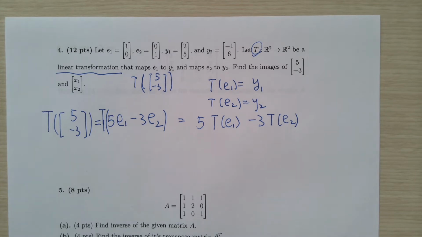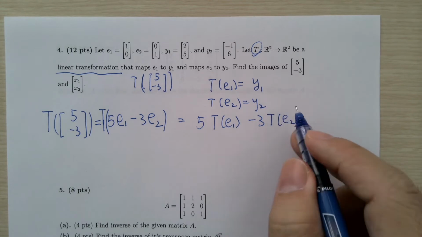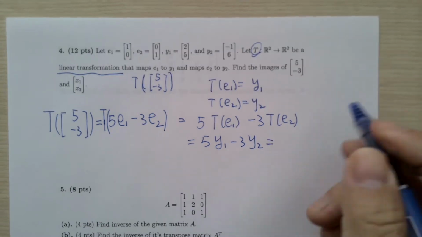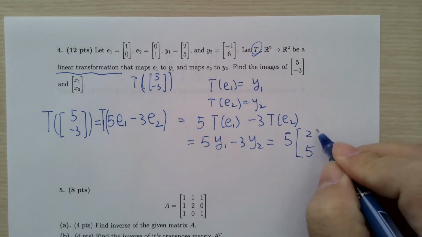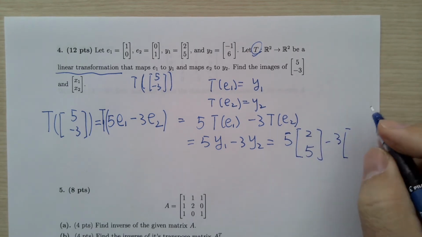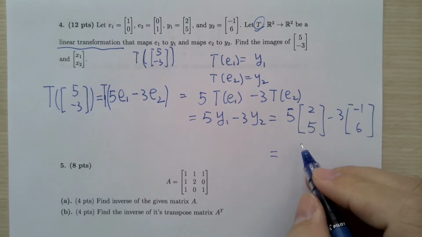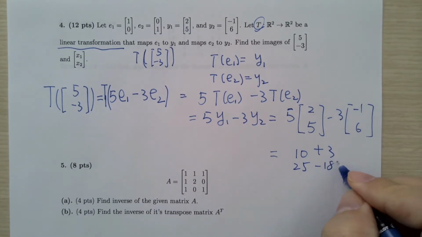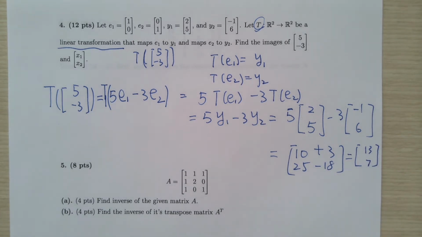Do you agree that we already know what T(e1) is, which is y1, and T(e2) is y2, so it's going to become 5 y1 minus 3 y2. So that is super easy. It's 5 times (2, 5) minus 3 times (-1, 6). So it's going to become (10 plus 3, 25 minus 18). So it turns out it gives us 13 and 7, right? So that's how we derive this.